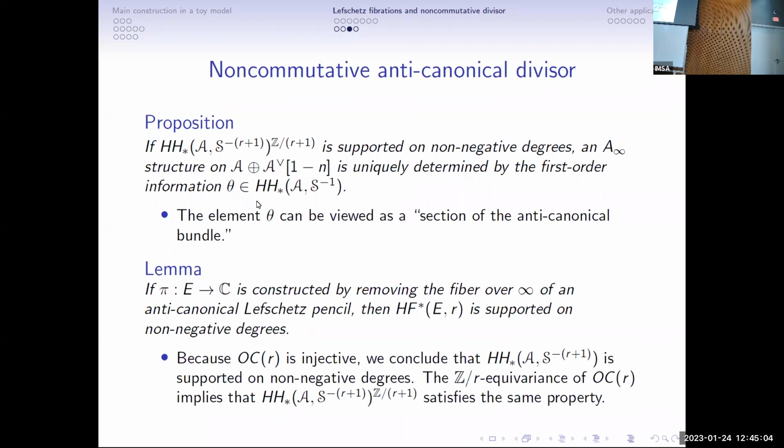So if we work over characteristic 0 and pass to the invariant part of this group action, we conclude that indeed the Z mod R+1 invariant part of each of the Hochschild homology groups satisfies the desired property in the proposition. So the deformation problem, this extension problem is quite simple because we just need to use the first order information. So this is about non-commutative geometry with little input from symplectic geometry.